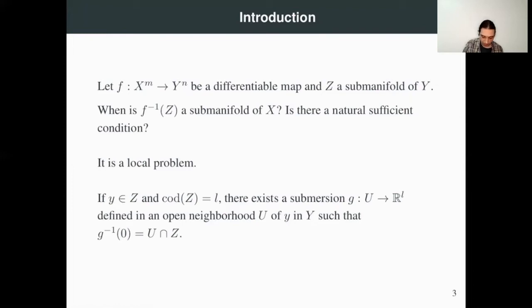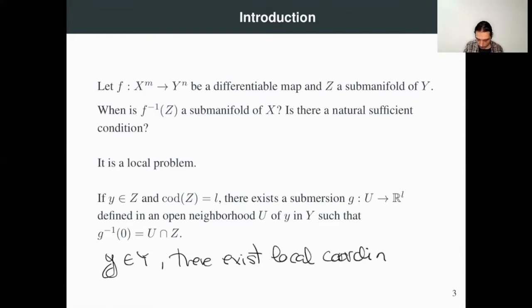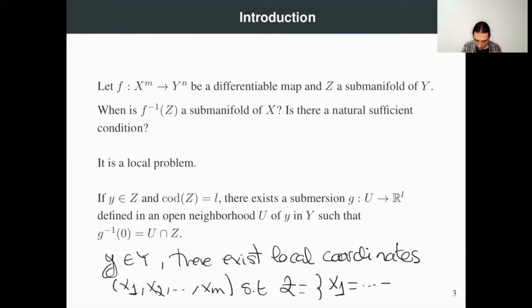What do I mean by that? If you fix the point y, there exist local coordinates, in our case x1, x2, ..., xm. The local coordinates are just the components of a local chart, such that locally C is actually given by the zeros of the first L coordinates.